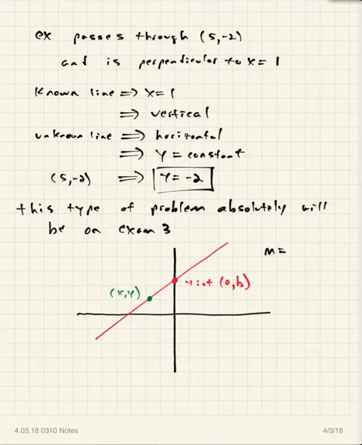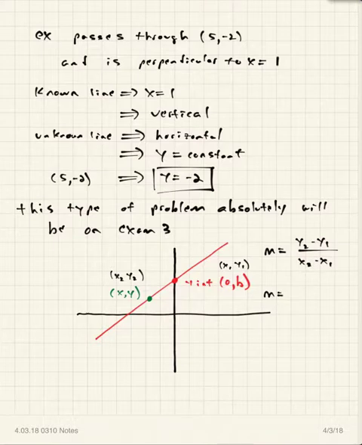So just literally take those two points and use that formula, right? So this is y2 minus y1 over x2 minus x1. I'll call this point x2, y2, and this point over here x1, y1. So our formula would give us y minus b over x minus 0.